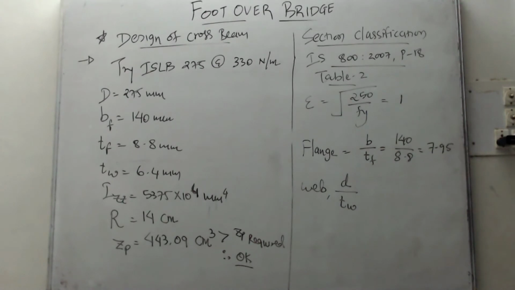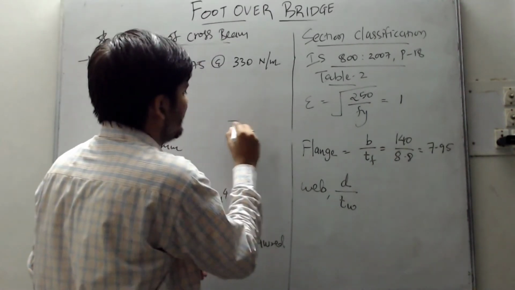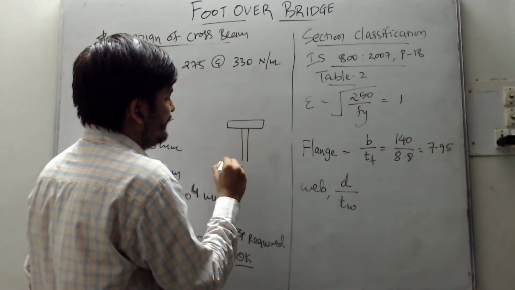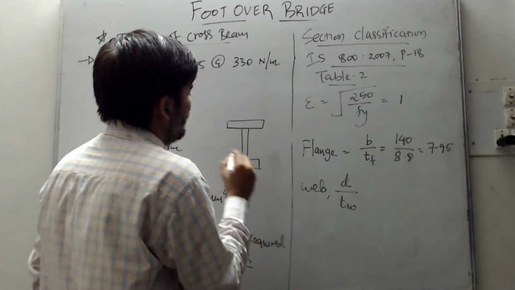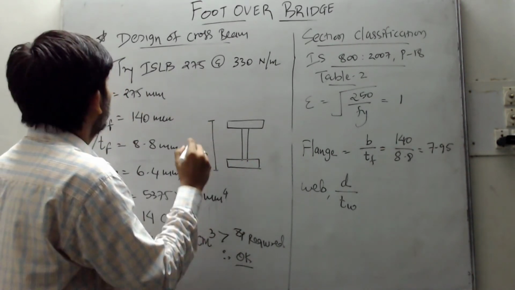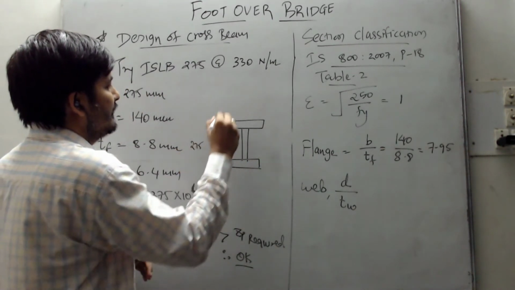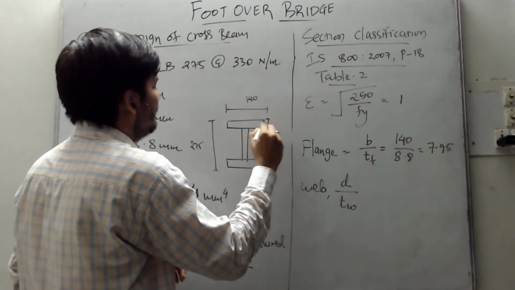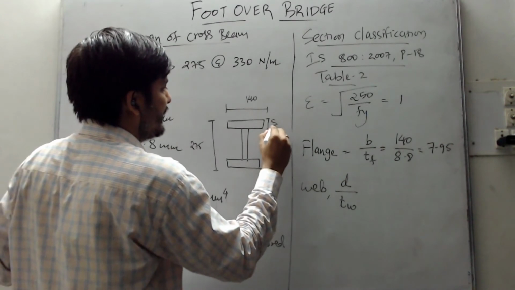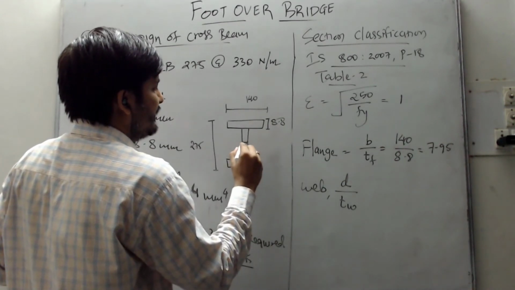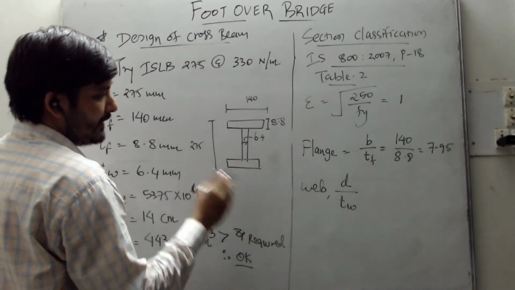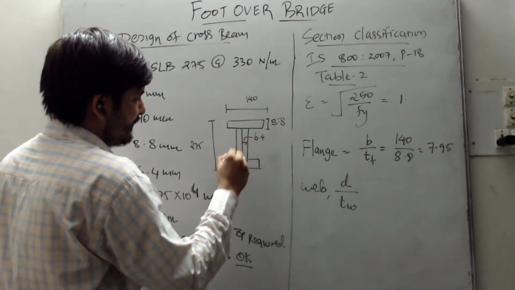Suppose if I draw the I section here, because we have selected an I section, overall depth I have got as 275. This is 140. The flange thickness TF is 8.8 and the web thickness is given as 6.4. So when I consider web, I need to take only this much height. So this is the height of web.